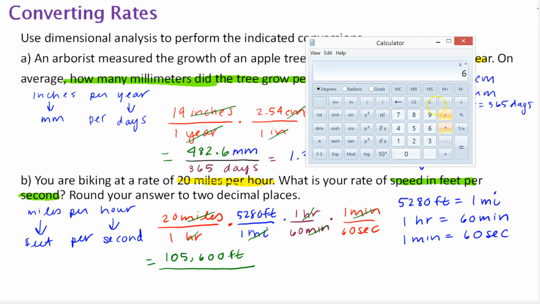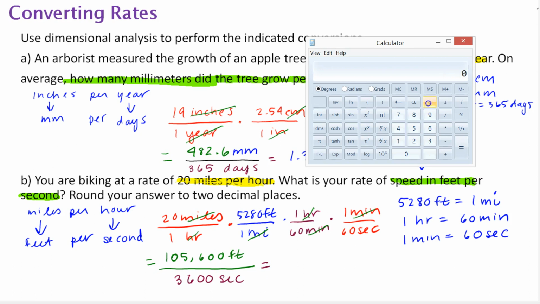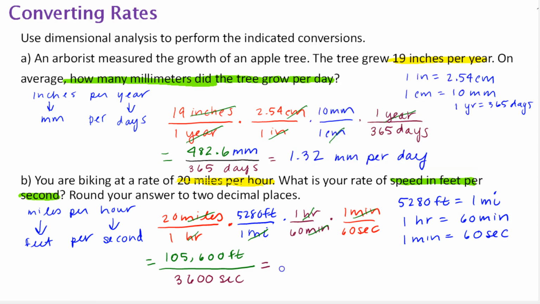And 60 times 60 is 3,600. And those units are seconds. So now we'll do the final division. 105,600 divided by 3,600 seconds gives us 29.33. And our final units are feet per second.